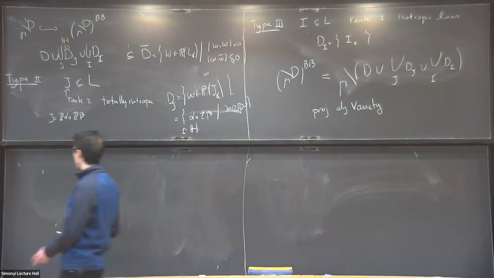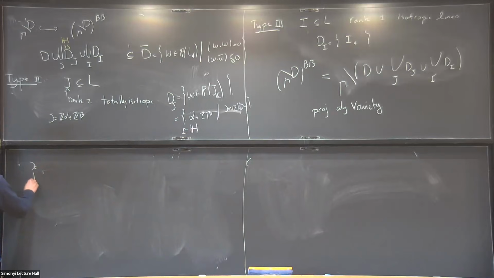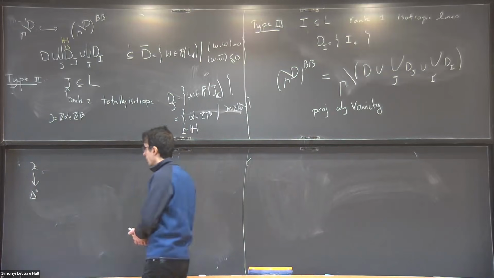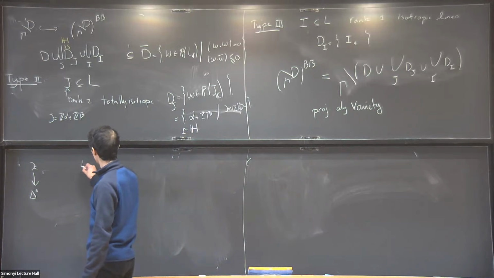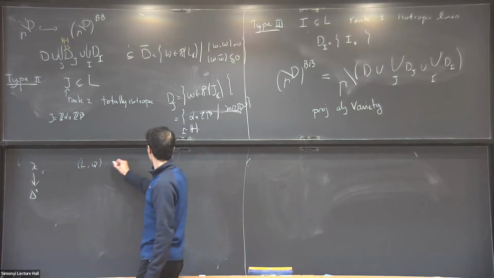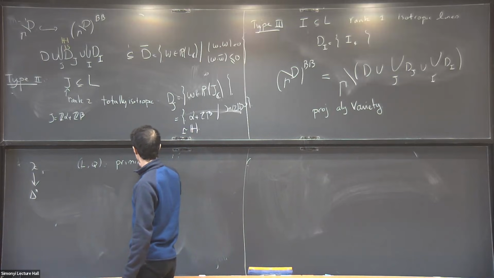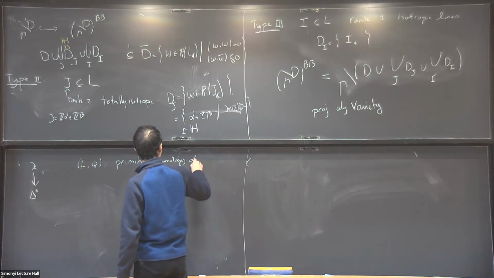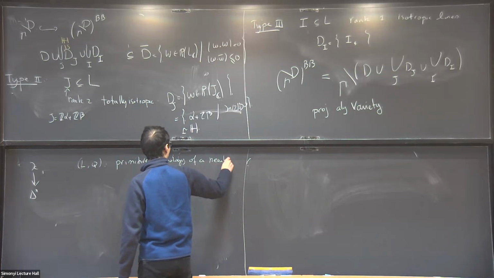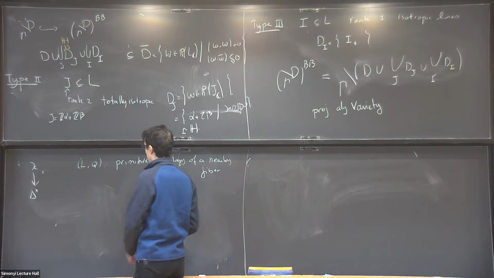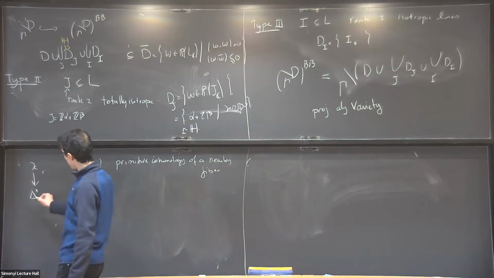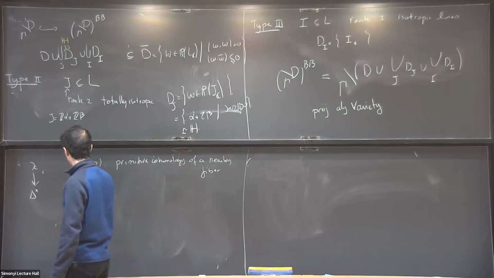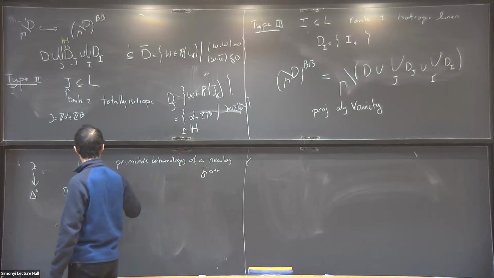So imagine you have a family of K3s over a punctured disk. And then the lattice L is just the primitive cohomology of a nearby fiber. Then the π1 of the base acts on this lattice.